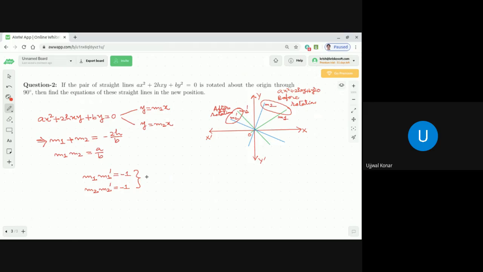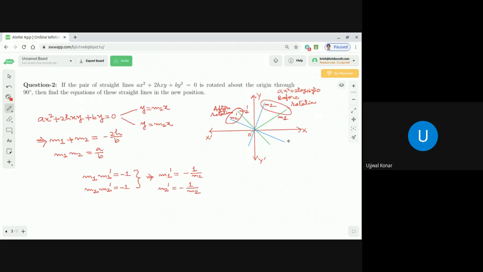So we can find that m1 dash is equal to minus 1 by m1 and m2 dash is equal to minus 1 by m2. Correct or not?